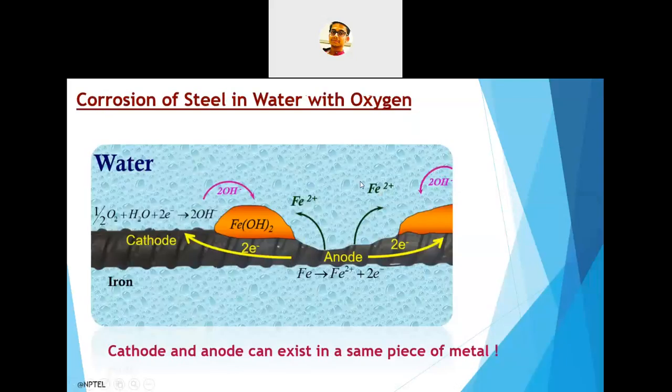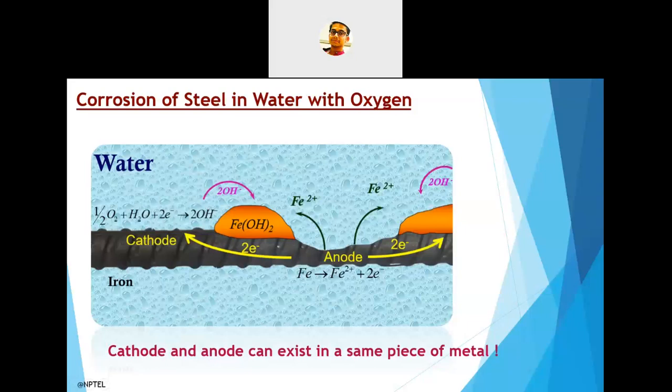So in detail, I'm going to explain now how the corrosion mechanism happens in a steel concrete system or in still water. Water is also an electrolyte. In the anodic part, the anode is going to degrade.